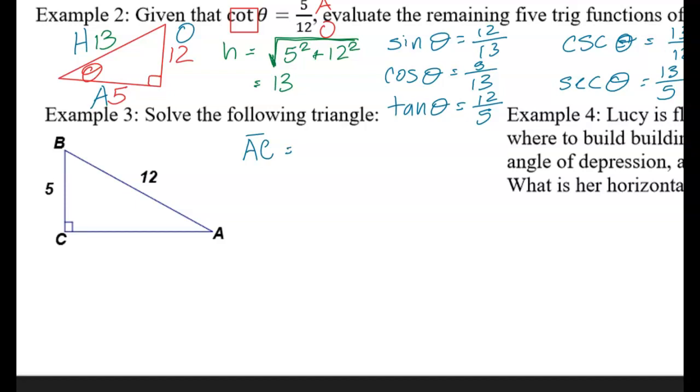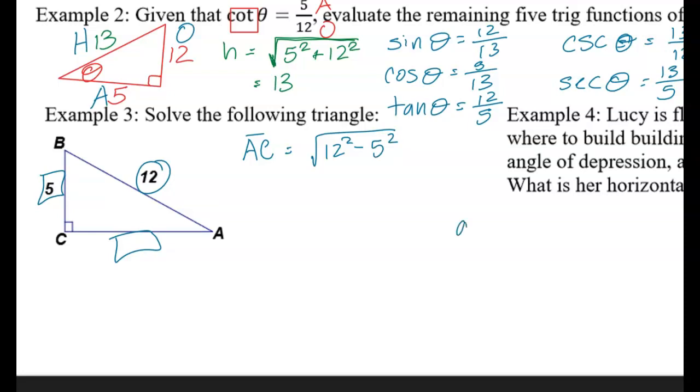which I don't know how familiar you guys are with the Pythagorean theorem, but instead of writing this whole thing out, a squared plus b squared equals c squared, you know that you're missing either a or b. So what you can do is take the square root of your hypotenuse squared minus the other side squared.